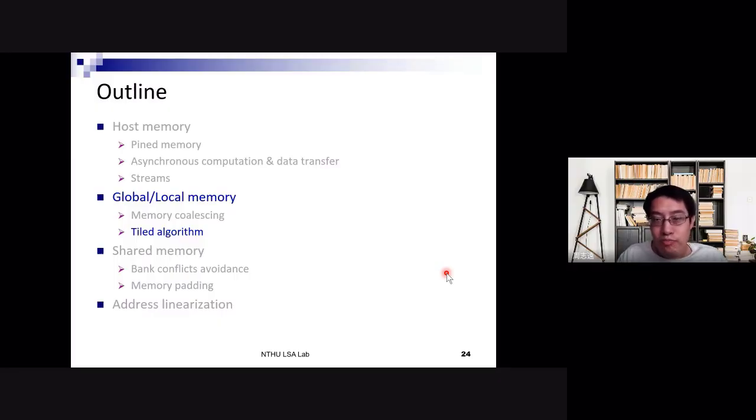Usually the amount of data you need to access is way larger than the size of the shared memory, so you need to partition your data and load them into the shared memory one by one. The order and how to partition it is the implementation of your tiled algorithm.